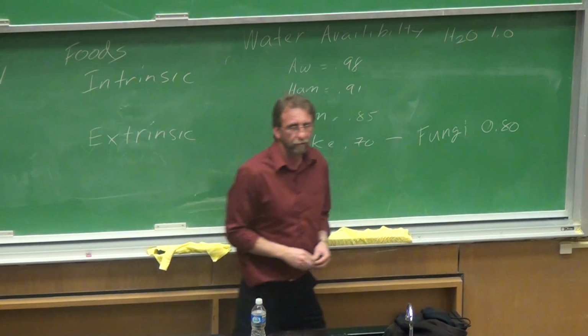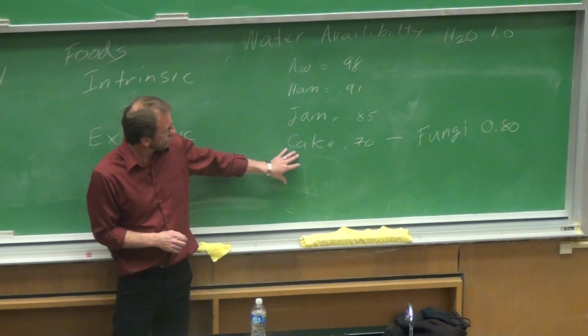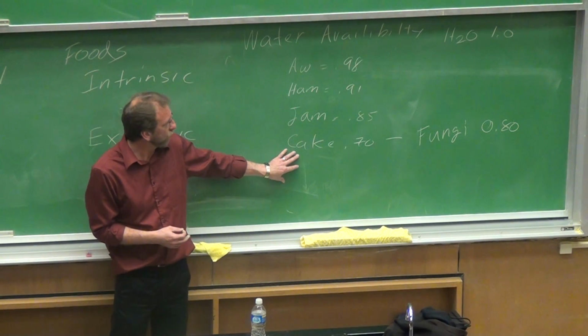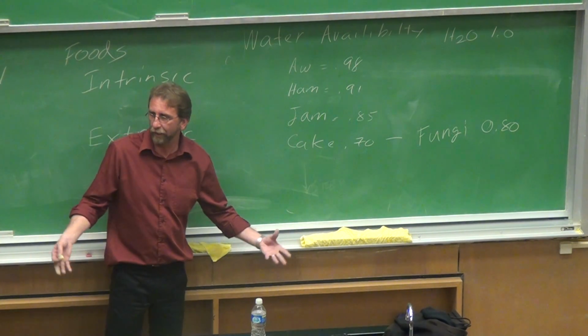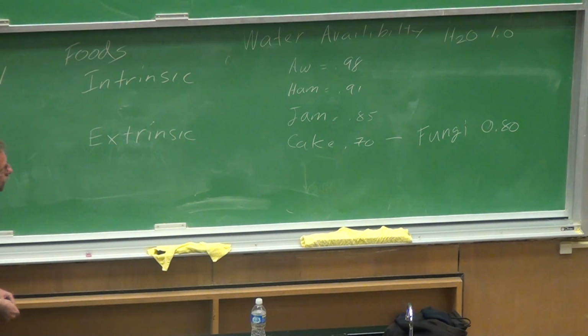You can still see fungal growth. Cakes probably not so much because they have sugar in there as well, so it's almost no water. But bread that has very little water in it, the first thing that grows on bread is fungi. Look at the bagels that we had in class. Fungi grow on those as well.